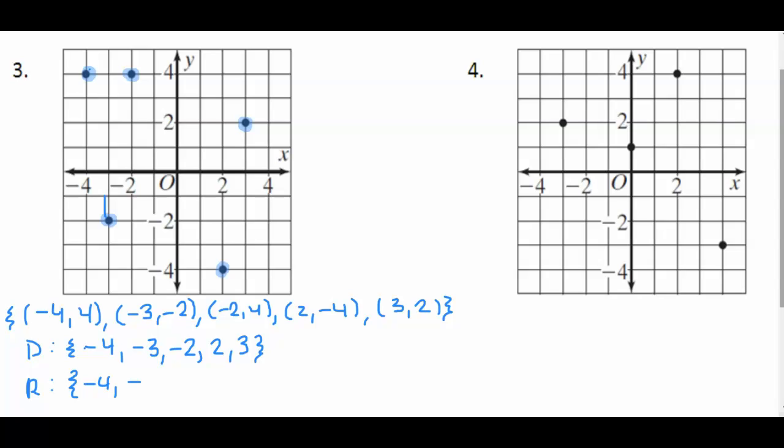So -4, -2, +2, +4. And for this graph, I would say that I could connect these points in a smooth type of curve. So this would be continuous.